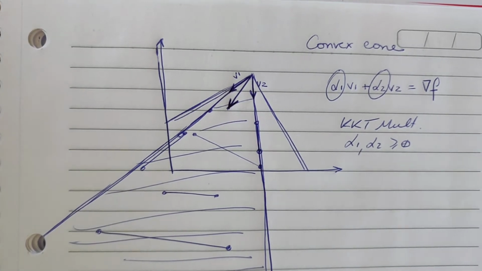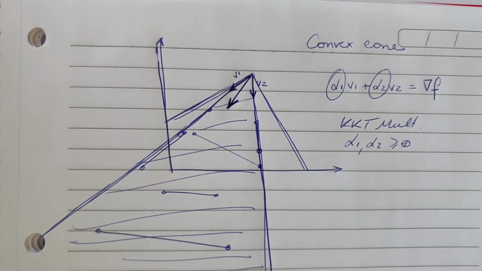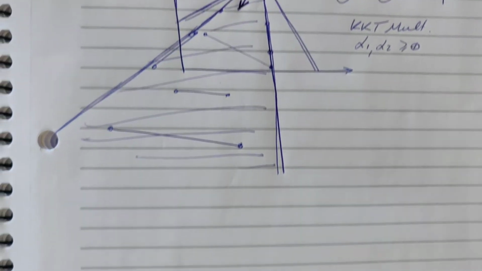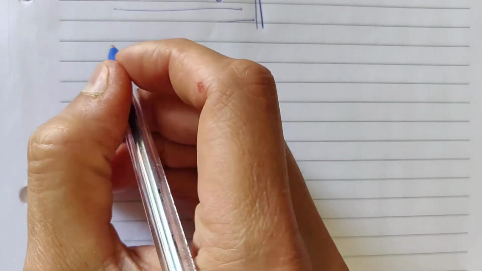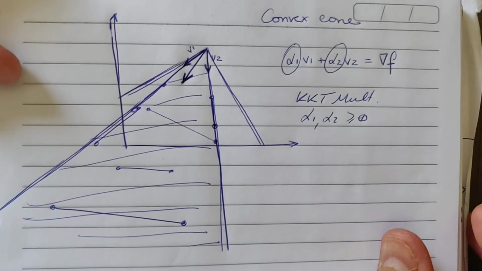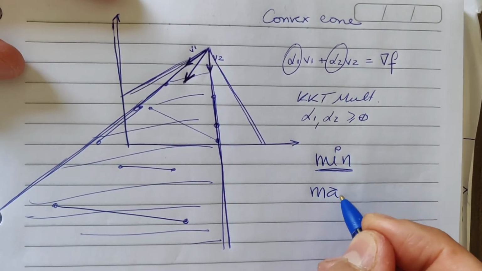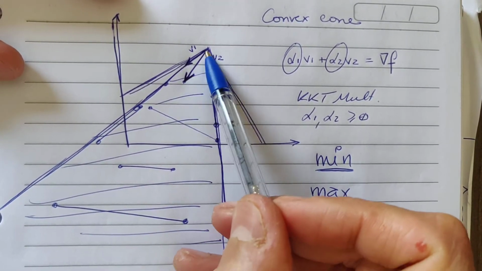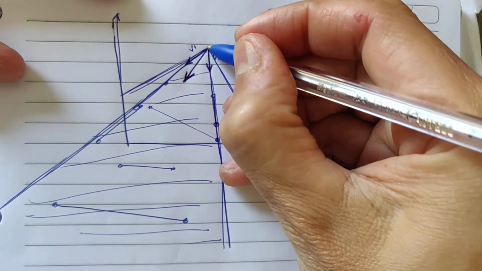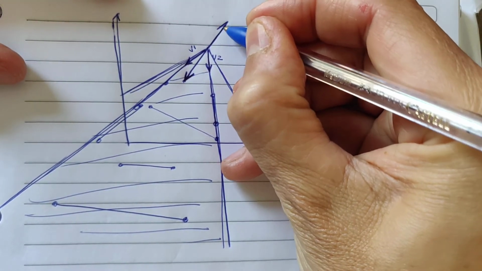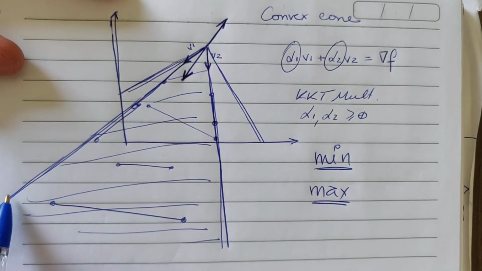Okay. There is something else over here that I want to share with you as well. Again, I think you guys remember that I showed you a reference in one of those videos. If I have a minimization problem, that's how it works. If I have a maximization problem, you know what's going to happen with this gradient vector here. It will actually be on the other side like this.